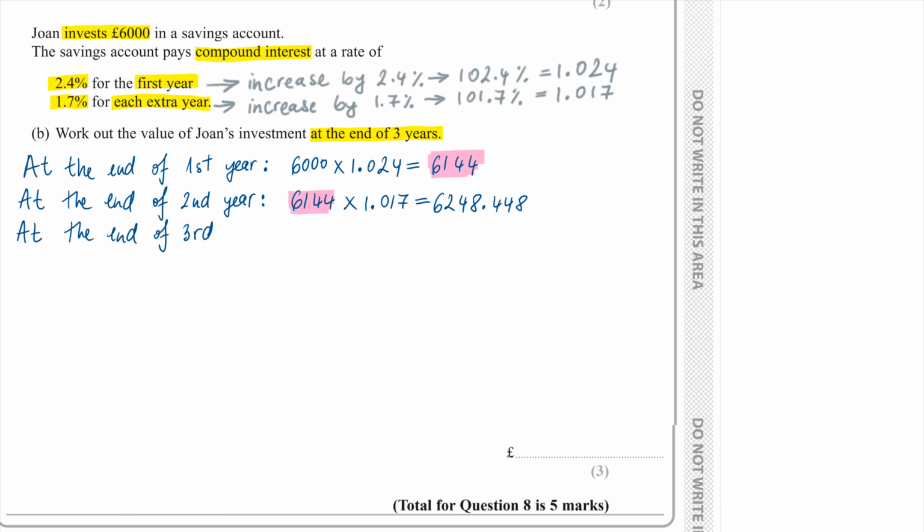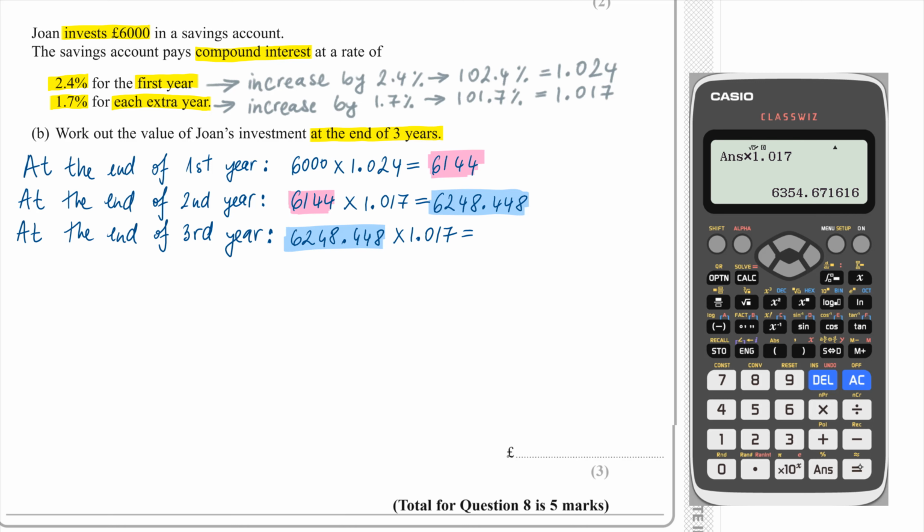At the end of the third year, the account will have 6,248.448 times 1.017 equals 6,354.671616.